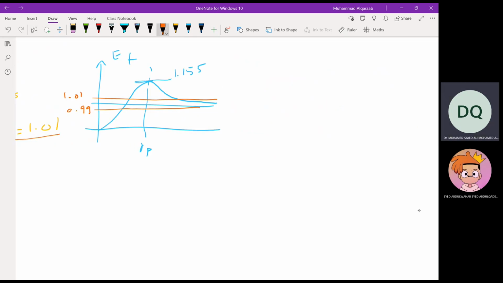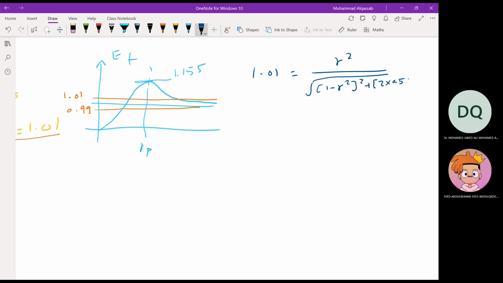Okay, and then we substitute: 1.01 equals r squared divided by square root of 1 minus r squared, all squared, plus 2 times zeta, here 0.5, times r squared.